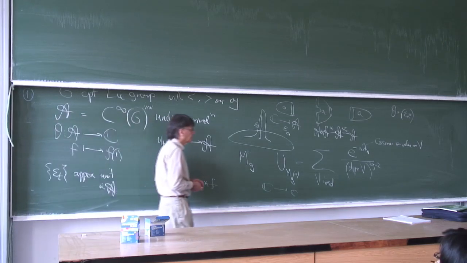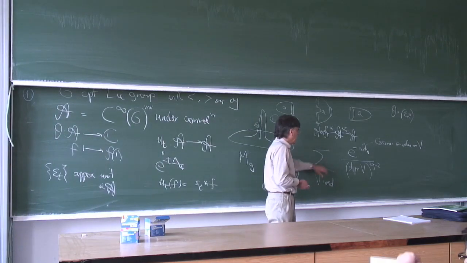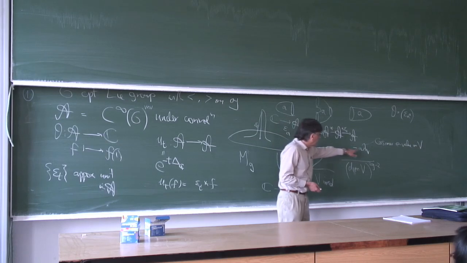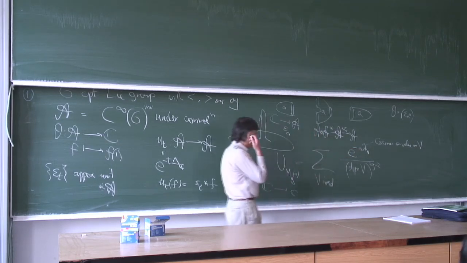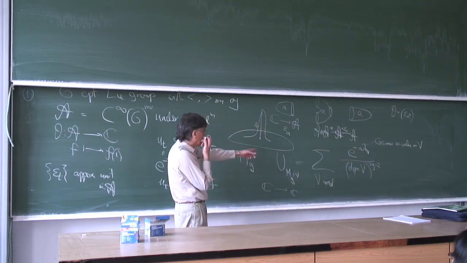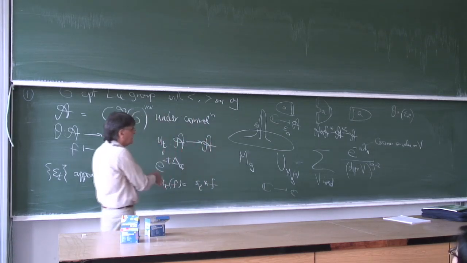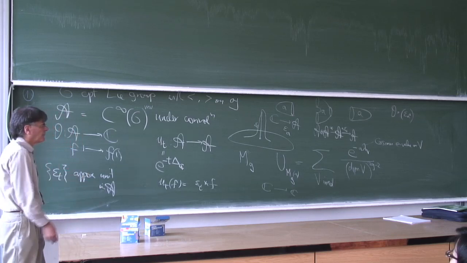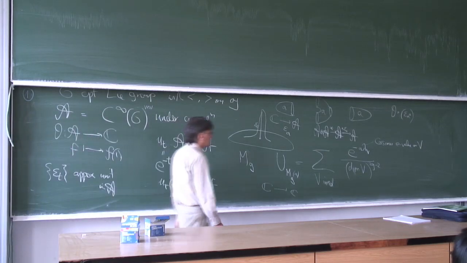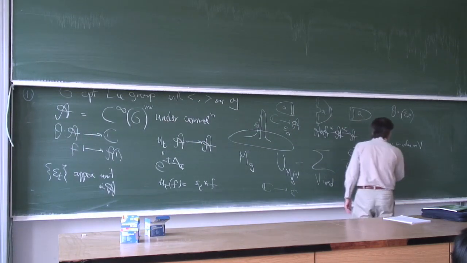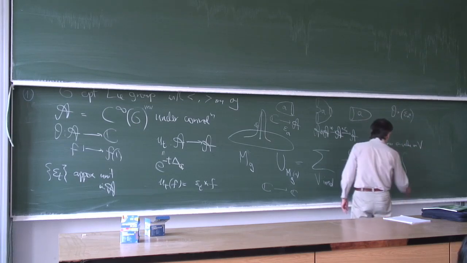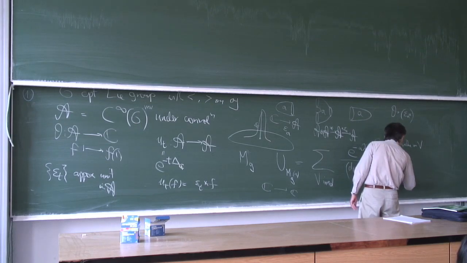So as A becomes small, we can ask what happens to this asymptotically. The measure should be concentrated on things of very small curvature. And the nice fact is that this becomes an integral over the moduli space of flat G bundles on M.